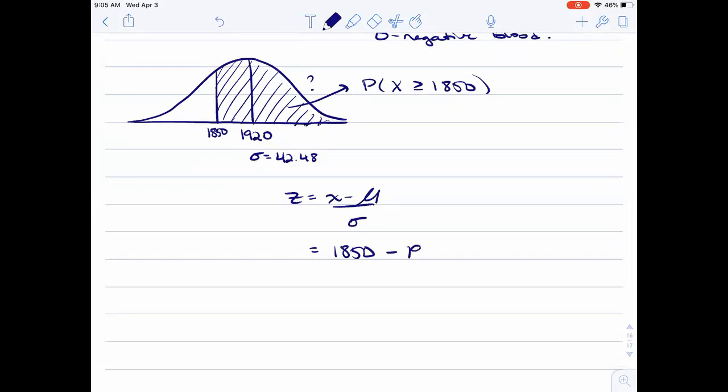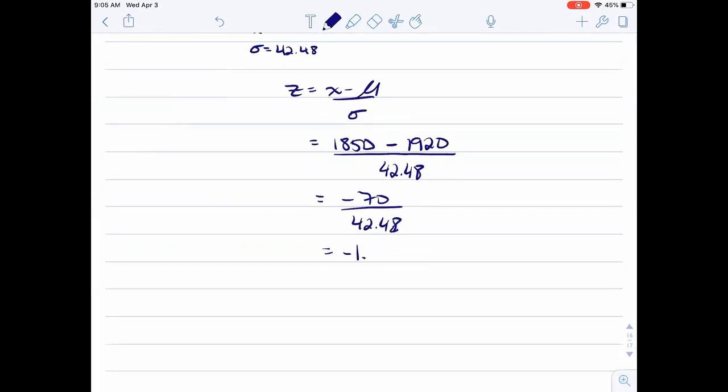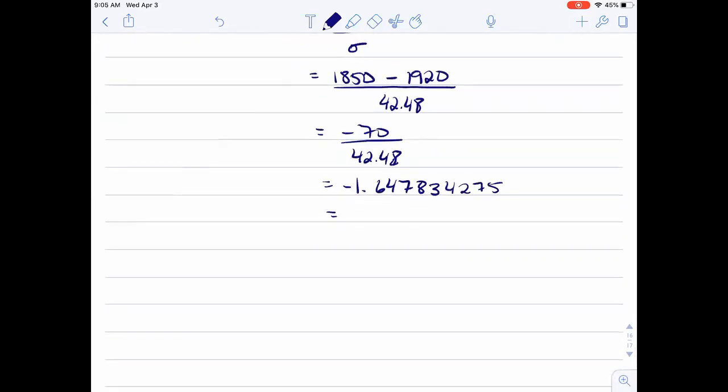So 1850 minus 1920 divided by 42.48. 1850 minus 1920 is negative 70 over 42.48, and negative 1.6478. We know how Z's behave, so we round to 2 decimal places, so negative 1.65.